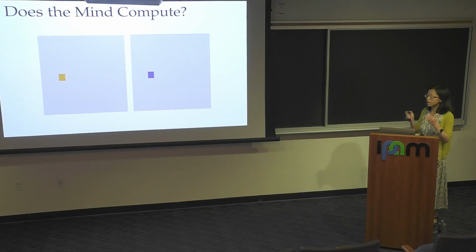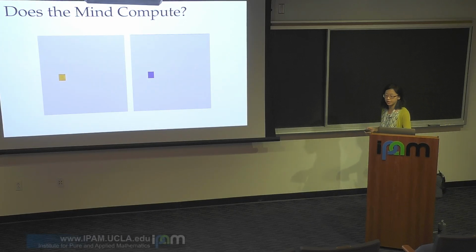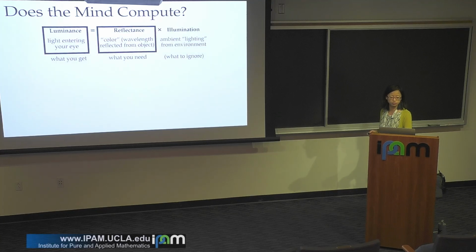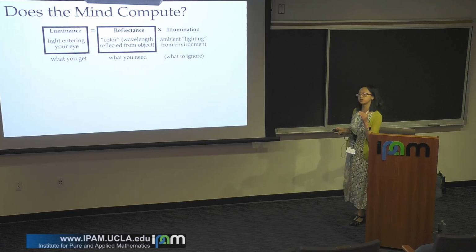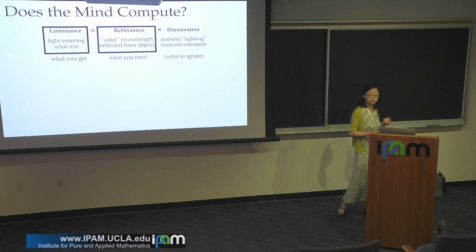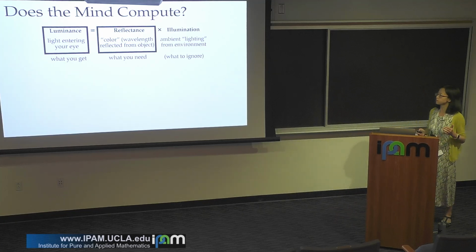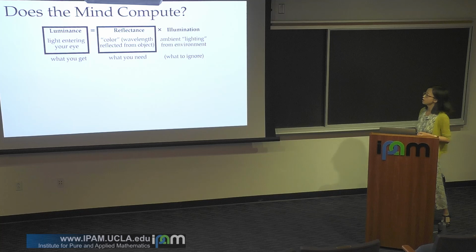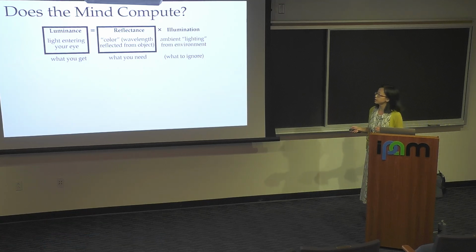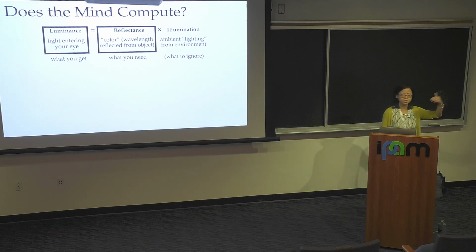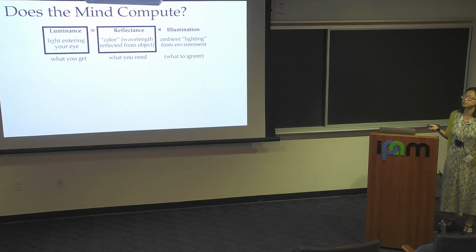So why does the mind need to compute? From this very simple illustration, you can see that what you get is not what you need. So you have to do an inference and do this computation. What you get is the light, the photons entering your eyes, the luminance.